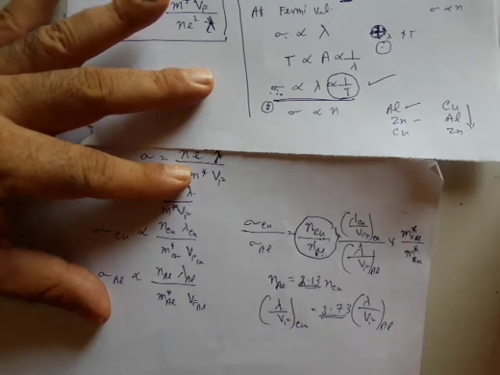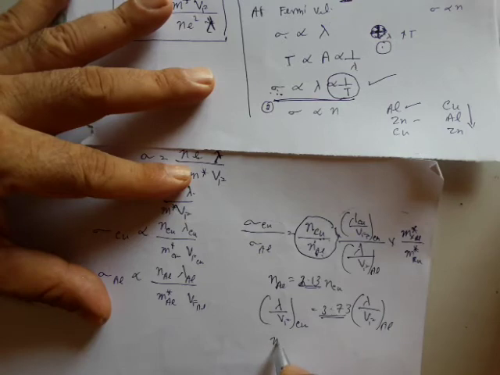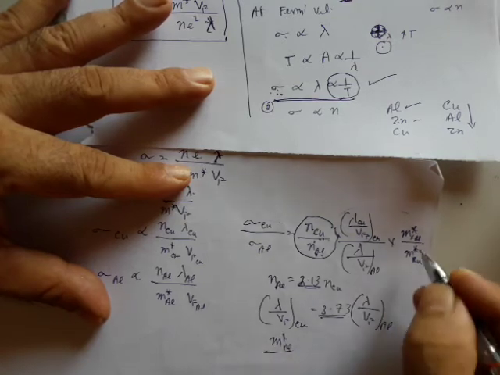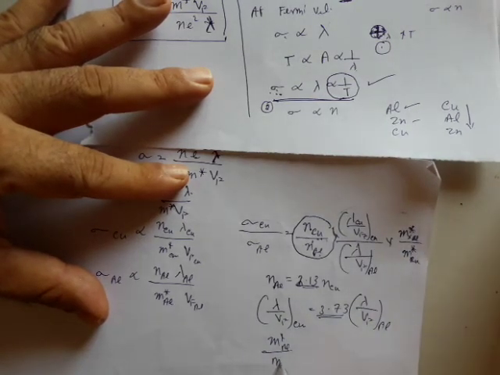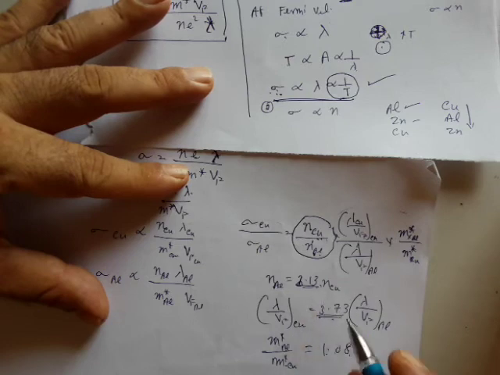And not only that, m star of aluminium divided by m star of copper also has a relation of around 1.08. That means m star of aluminium is 1.08 times m star of copper. Naturally, if you take all these three into consideration, sigma of copper is greater than sigma of aluminium.